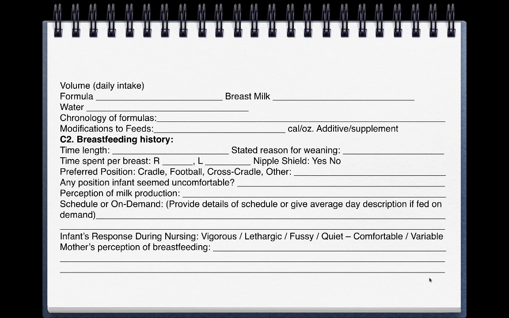And what is the baby like when feeding? Vigorous, fussy, lethargic? It doesn't have this option here, but is the baby sleepy? So it's very common in babies who have to work super hard that they would do their best for a couple of minutes and then be done because the effort has been so great.